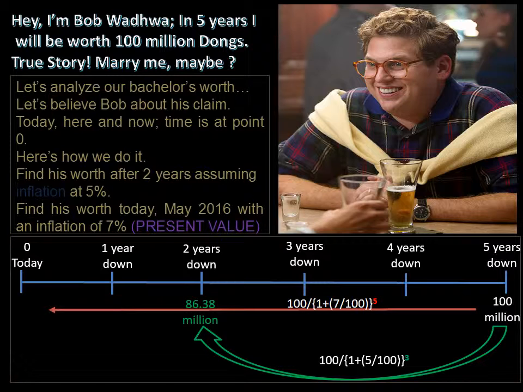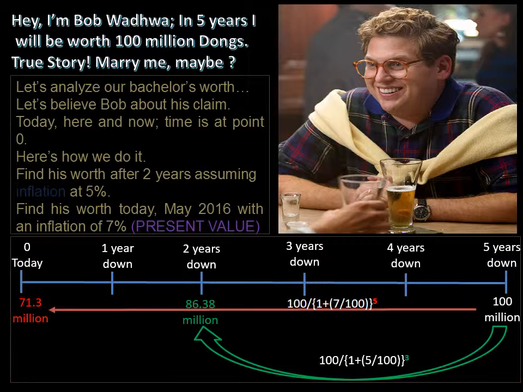The formula is the same. My principal is 100 million. My discounting rate is 7% over here. Why 5? Well, because I want to discount it back to 1, 2, 3, 4, and 5 periods. When I solve this, the answer that I get is 71.3 million.